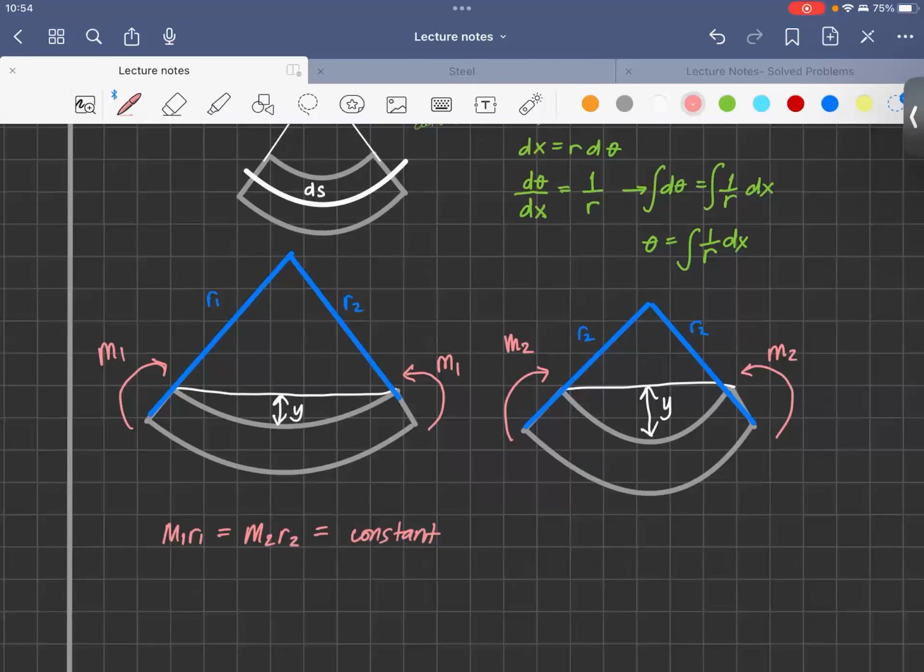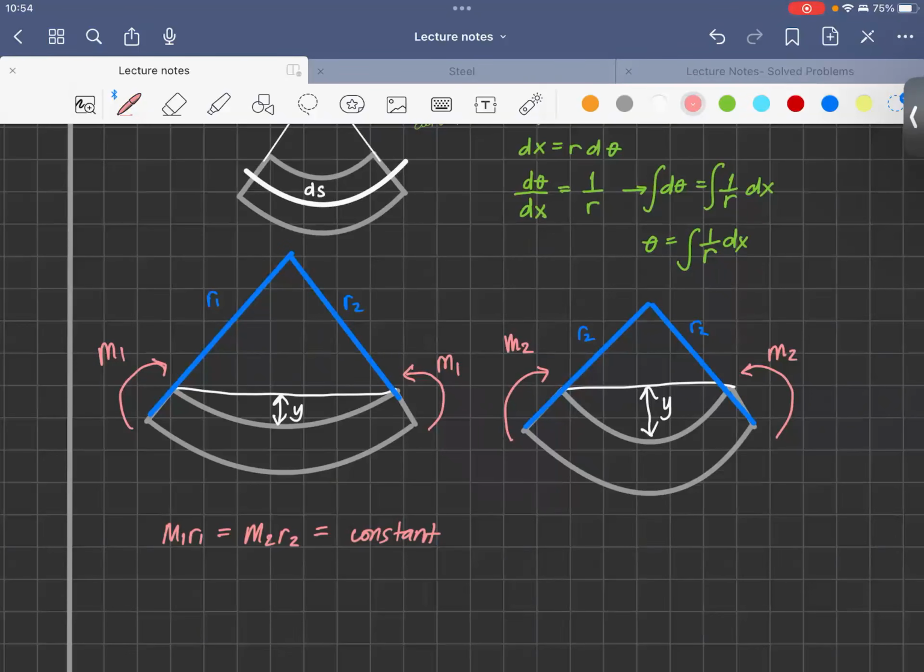So kung cross-section ng shape ang tinutukoy, that is your moment of inertia. And then the beam's material type is actually what we call your modulus of elasticity. Modulus of elasticity po is based on the material type.